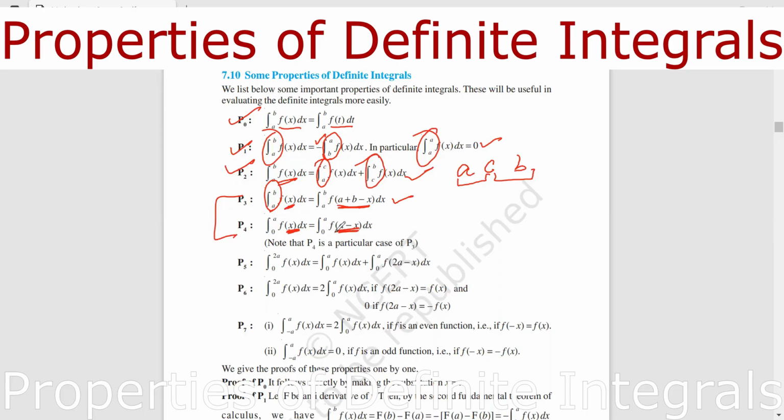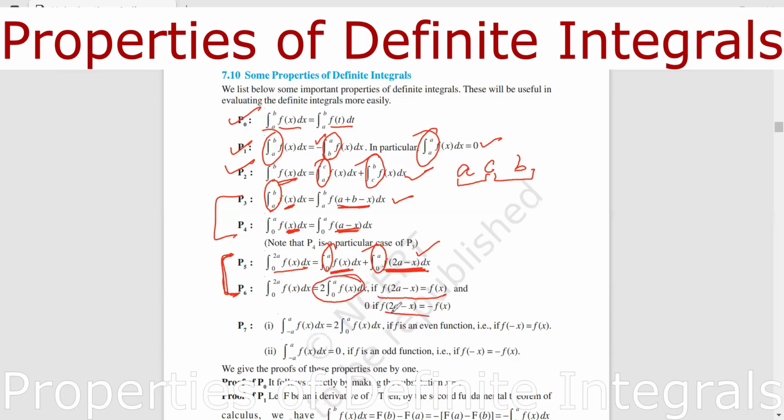Next is property number 5. Property number 5 and 6 we will do all together. If I have somewhere 0 to 2a f(x) dx, I can always split it into 0 to a and 0 to a. In the first one, I will write f(x). In the second one, I will write f(2a - x). But the value of f(2a - x) decides the final answer. If f(2a - x) is equal to f(x), my answer will be twice of this value.